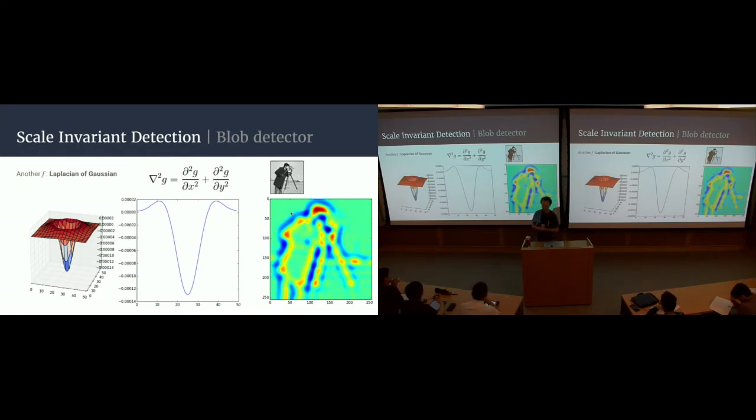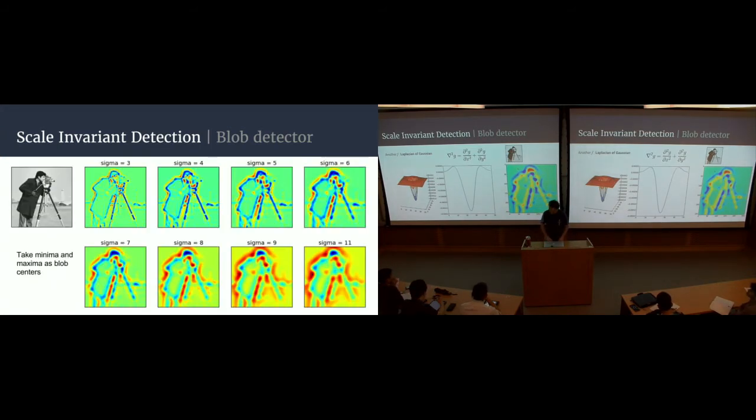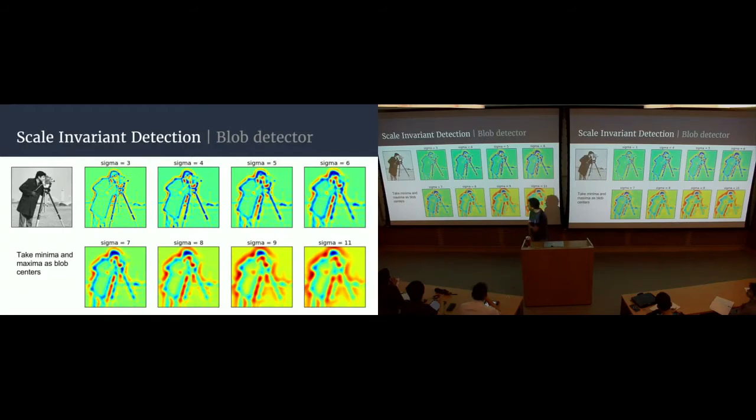So we take the same image and just do multiple convolutions. This is another for loop that I did, just varying the sigma. The same image, I applied the Laplacian of Gaussian, the LoG operator, at different scales.